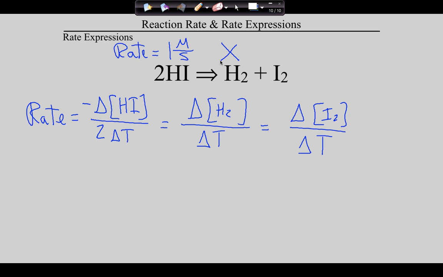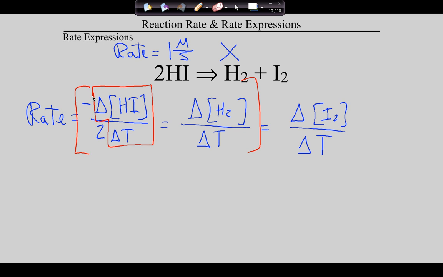Because what we're going to do, and I'm going to switch colors, is we are simply going to focus in on this portion of the expression, because this gives us our HI and our H2. So notice what we're given. We're given 1 molarity per second. So guys, where does 1 molarity per second go?